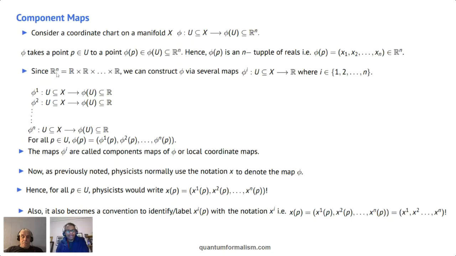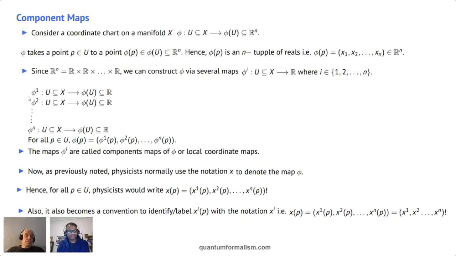Now, R^n obviously is a Cartesian product of R times R times R, n times, right? So in theory, we can construct phi via several maps that we will call phi upper index i, that go from U to R, where the index i goes from 1 to n.